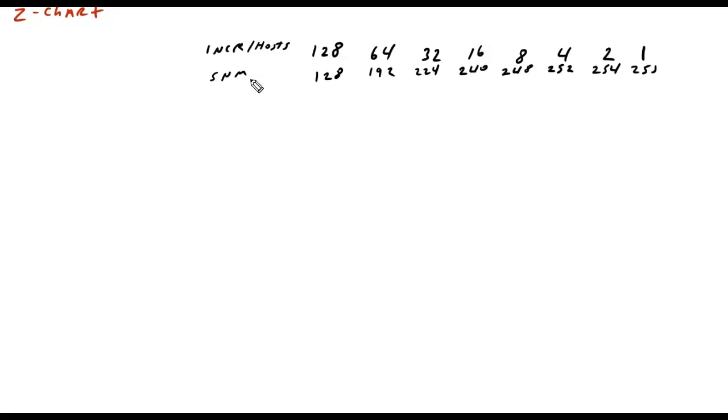There's one more row that I want to introduce, and that is /25, /26, /27, /28, /29, /30, /31, /32. And this you may recognize as the CIDR, classless interdomain routing number. It means the same thing as the subnet mask, but it's expressed a little bit differently. It's the number of contiguous ones in a subnet mask.